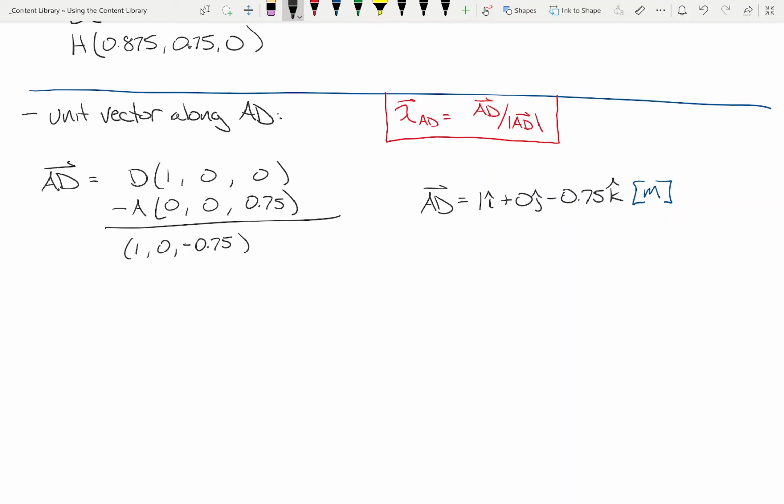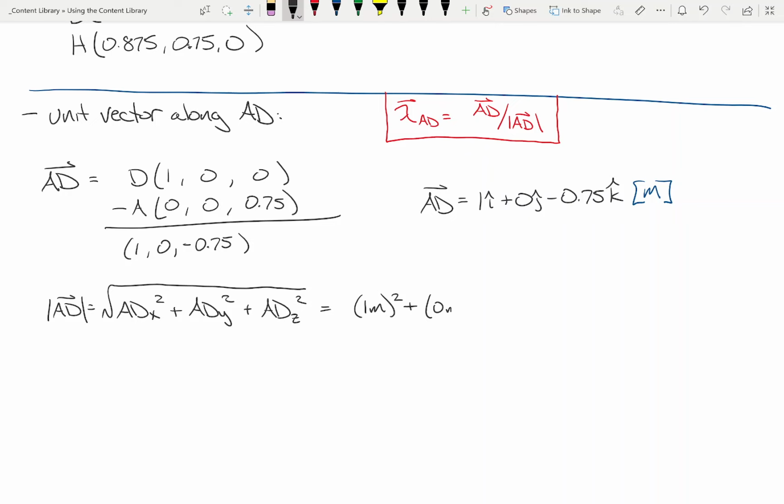So the magnitude of AD is, and what do we get here? 1.25.